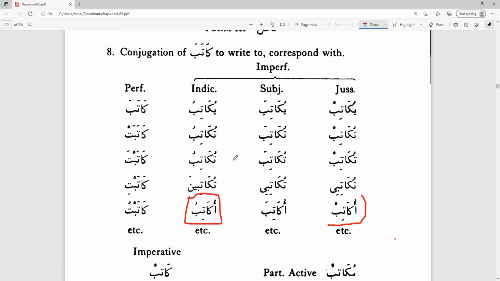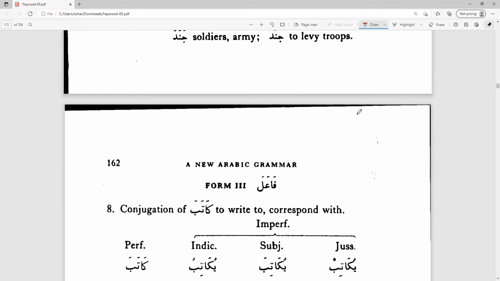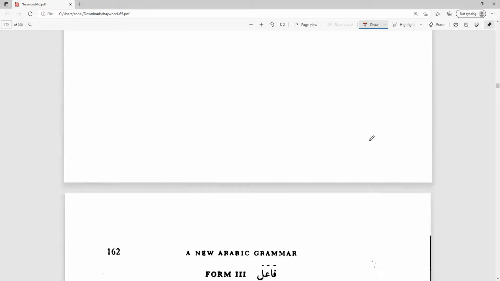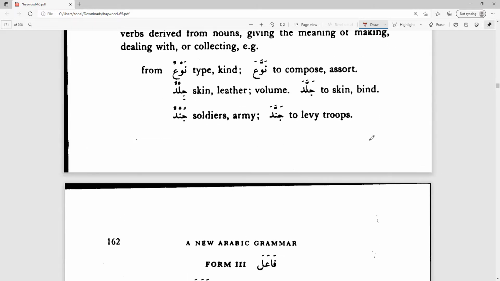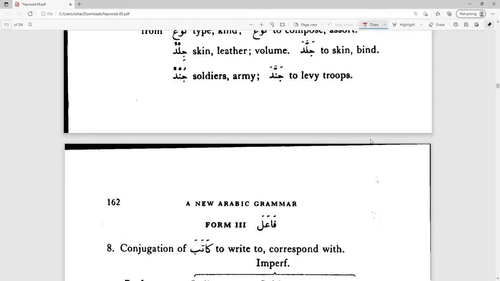Nahnu nukatibu. Do you want to do it? Let me try. If you haven't practiced, no, okay, go on. I haven't practiced, I can try. Ana ukatibu, nahnu nukatibu, anta tukatibu, antuma tukatibani, antum. No, it's fine. Okay, do you want to try, Hannah?